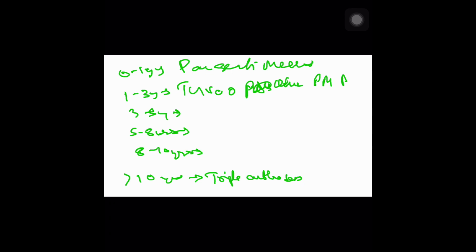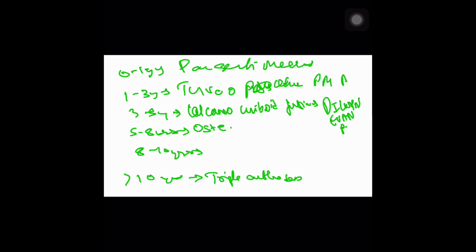And for 3 to 5 years of age, you are going to go for calcaneocuboid fusion. This fusion is known as the Dillwyn-Evans procedure.